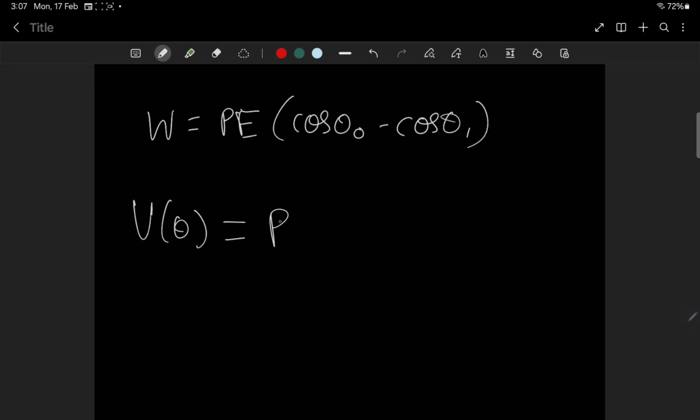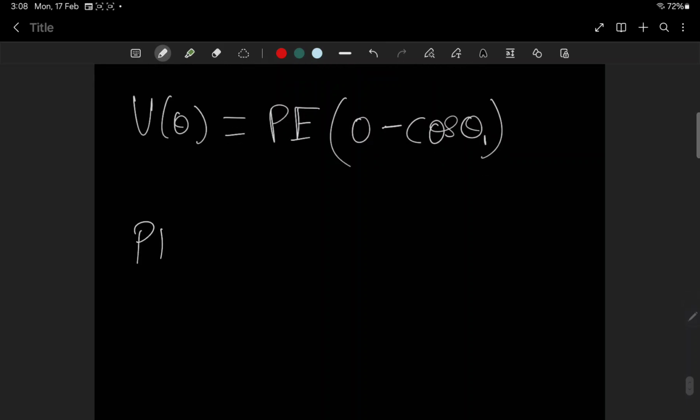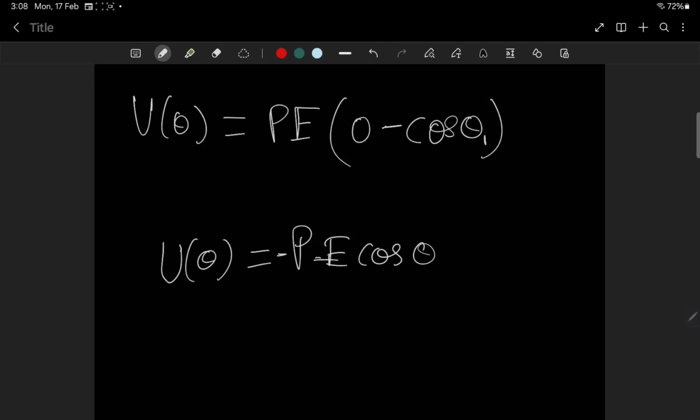Let us take theta 0 as 90 degrees, because at 90 degrees there is maximum torque. So cos theta 0 becomes 0, and we get minus cos theta. Potential energy we will represent by U, otherwise we will be confused with PE. Many children will cut it. So potential energy is equal to minus PE cos theta.